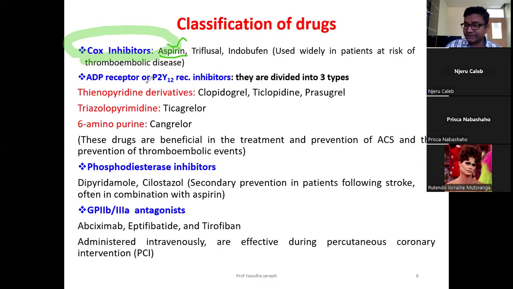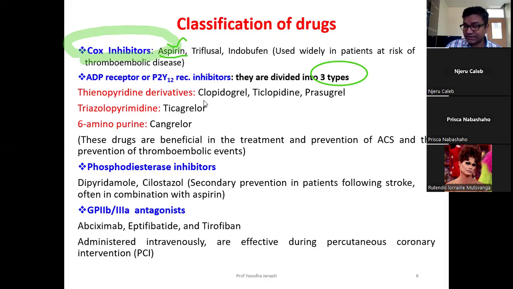Next, ADP receptor inhibitors, also called P2Y12 receptor inhibitors. They are further divided into three types. Here you can see thienopyridine derivatives. I will show you the structures. There will be a pyridine and thio group.